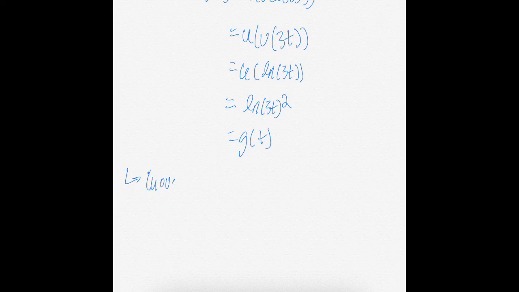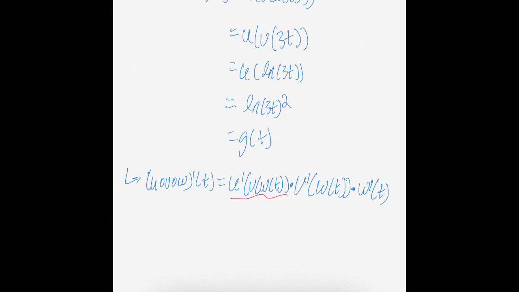Okay, so we need the derivative of u composed with v composed with w of t. So this is going to be u prime of v of w of t. Now we need to multiply that by the derivative of the inside. So this is times v prime of w of t.